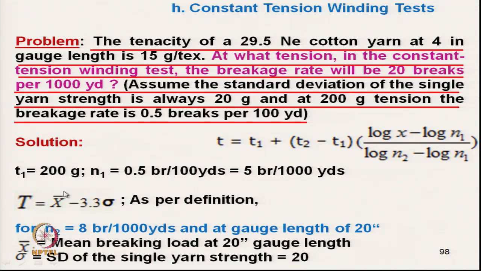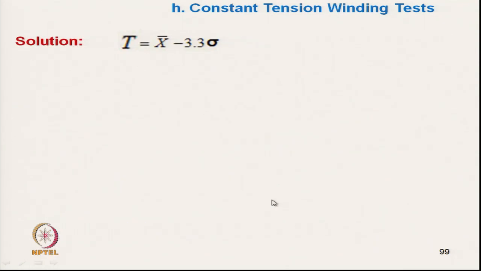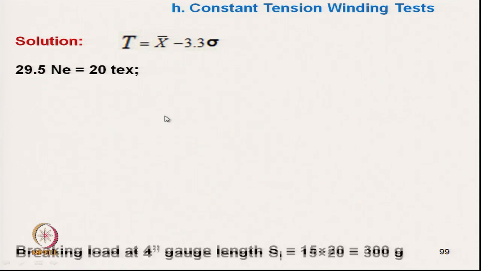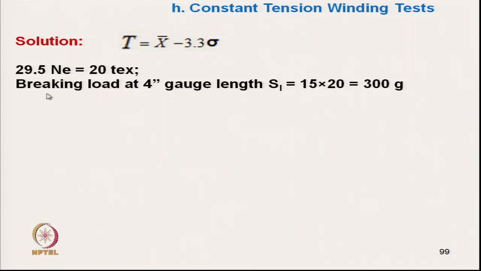To get x bar, we know the value 15 gram per tex is given. So, from there we will try to get the breaking load. So, 29.5 Ne means 20 tex yarn, and at 4-inch gauge length the breaking load. Breaking tenacity was 15, now we are converting it to breaking load, 300 gram force.